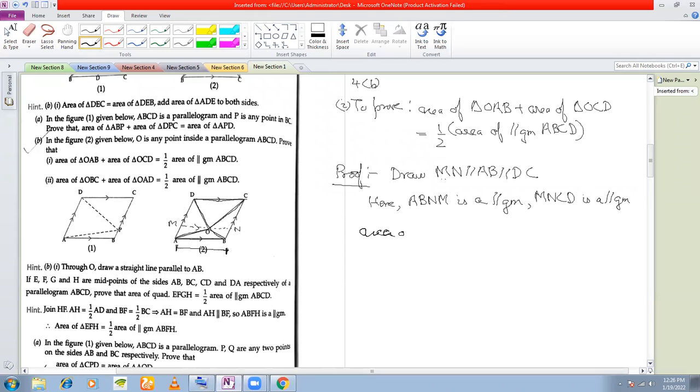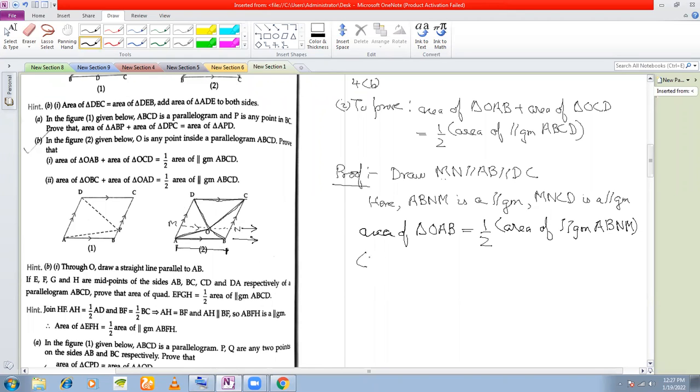Area of triangle OAB must be equal to half area of parallelogram ABNM, right? Can I say or not? Can I say that area of triangle OAB is equal to half area of parallelogram ABNM because they are on the same base AB and between the same parallel lines? These two are the parallel lines, right?